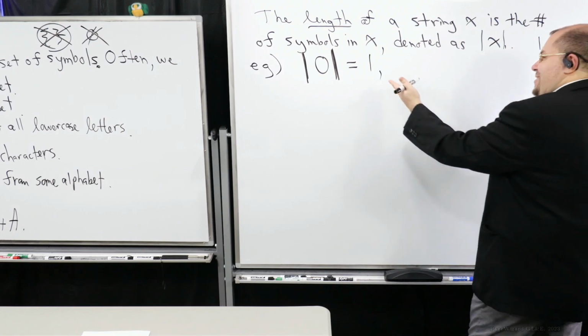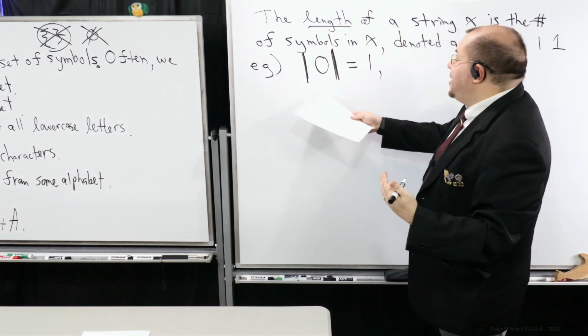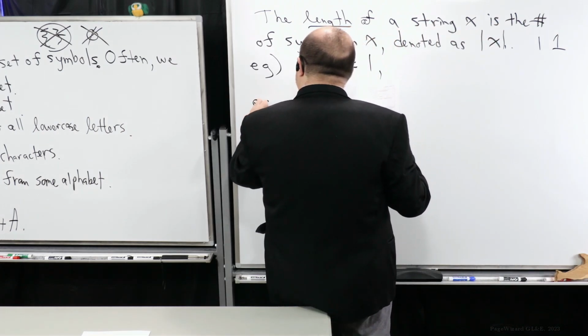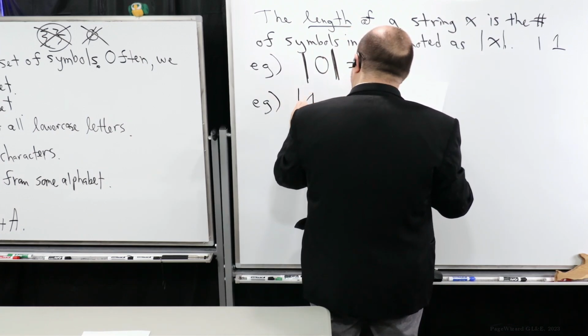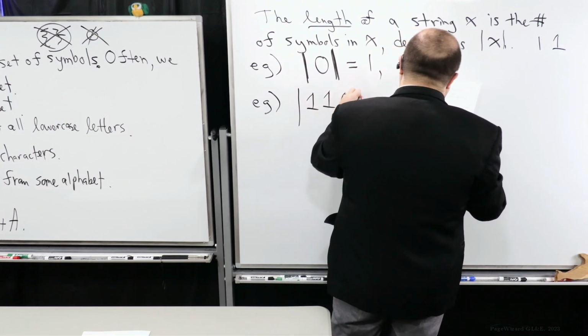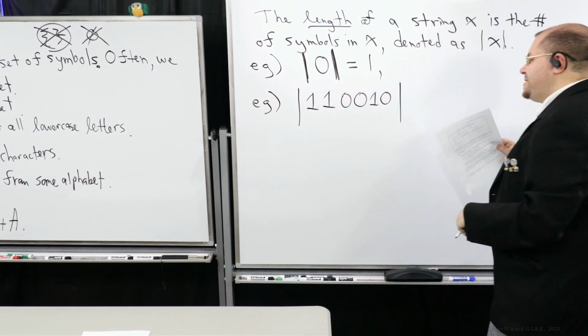So notice naturally I write a 1 like this. But the point is it's not confused with this notation. Let's do another example. So just following my advice now. So if I have 1, 1, 0, 0, 1, 0, what's the length of this string?